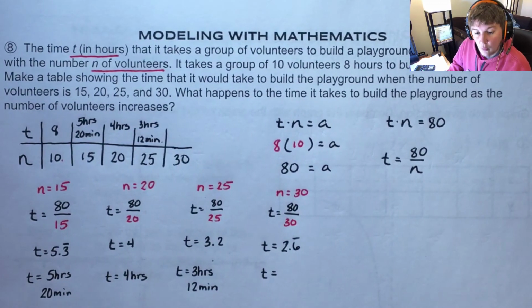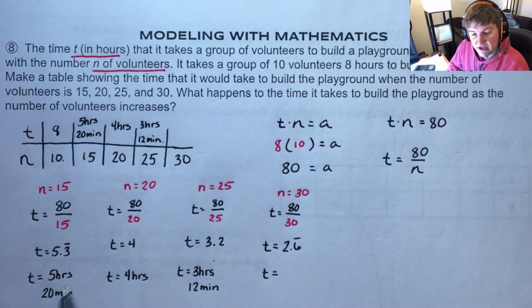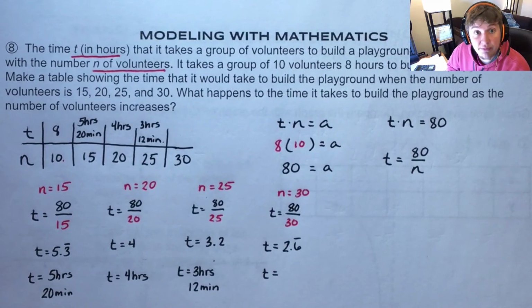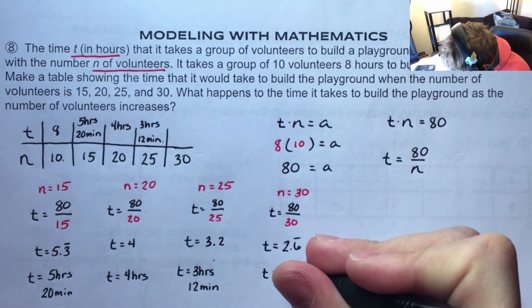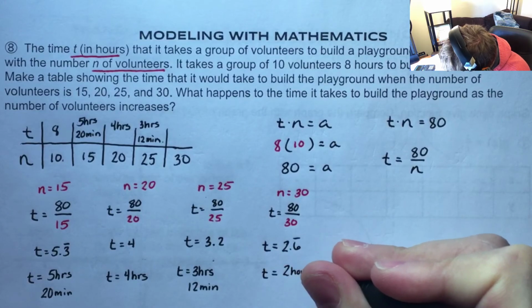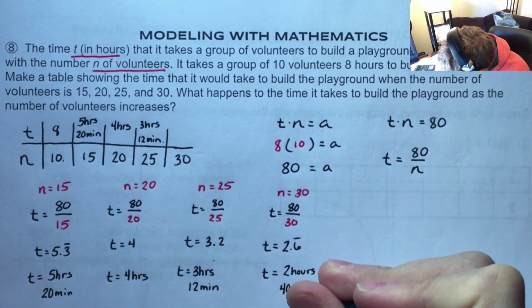So let's think. If 1/3 is 20 minutes, what's 2/3 going to be? 40 minutes. So it's going to take 2 hours and 40 minutes.